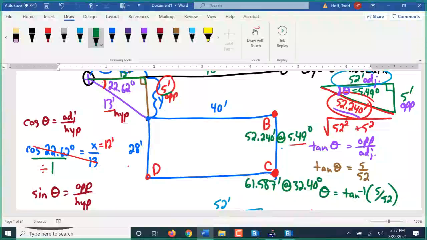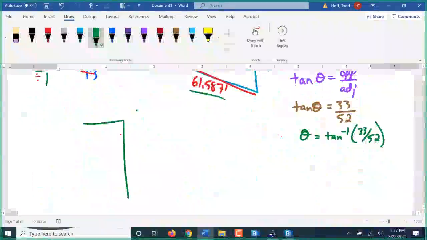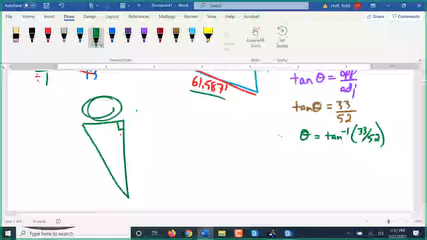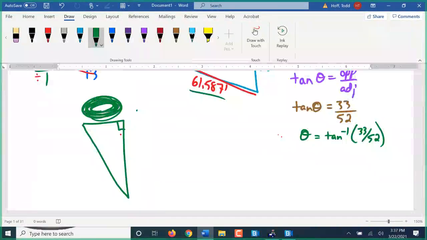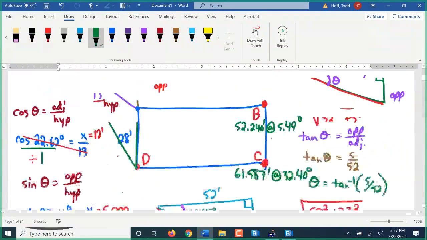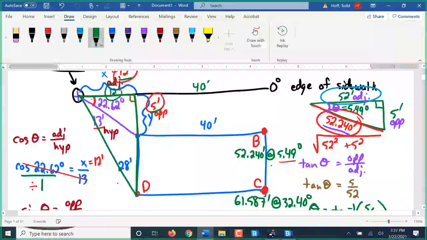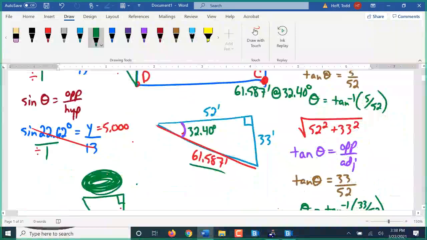So now we're going to look at this triangle for corner D. What's this side right here have to be? Well, from before, yeah.